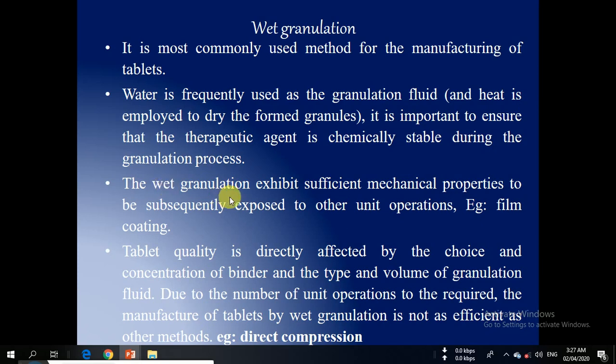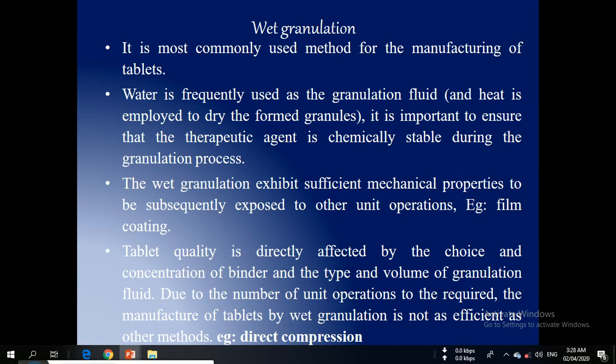The wet granulation exhibits sufficient mechanical properties to be subsequently exposed to other unit operations, for example film coating of tablets. Tablet quality is directly affected by the choice in the concentration of binder, that is, which kind of binder you are using in the tablet formulations, and the type and volume of the granulation fluid.